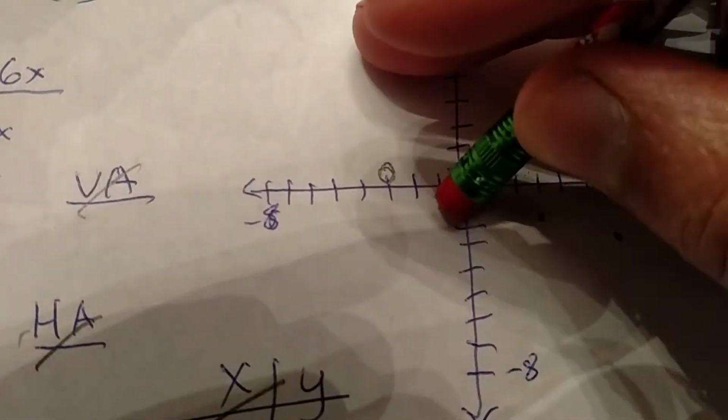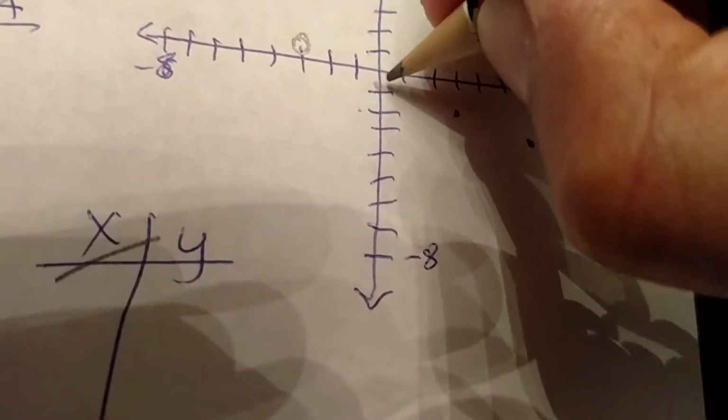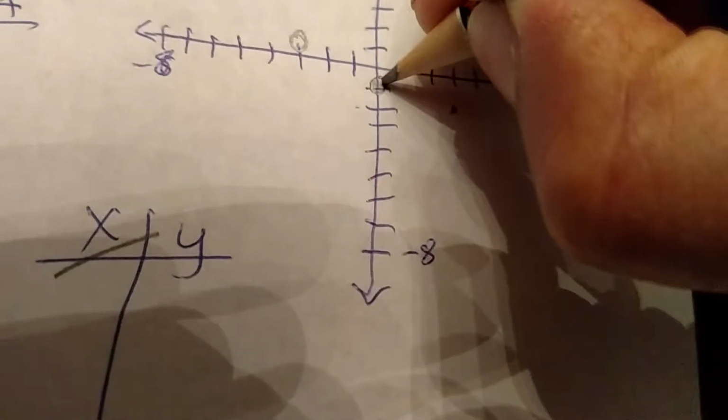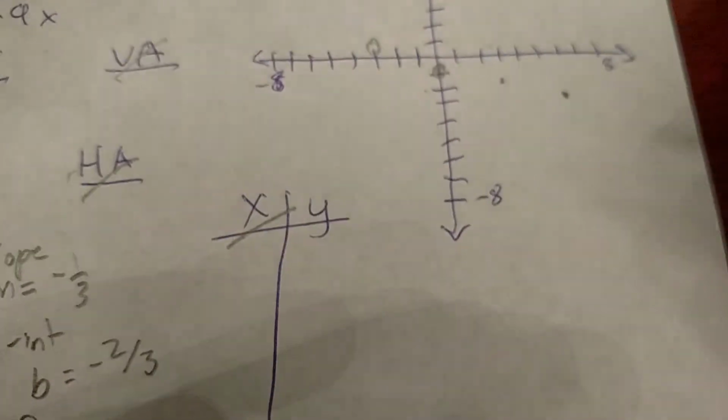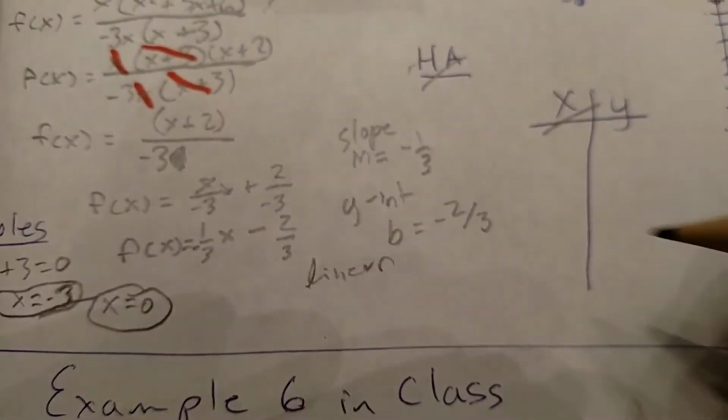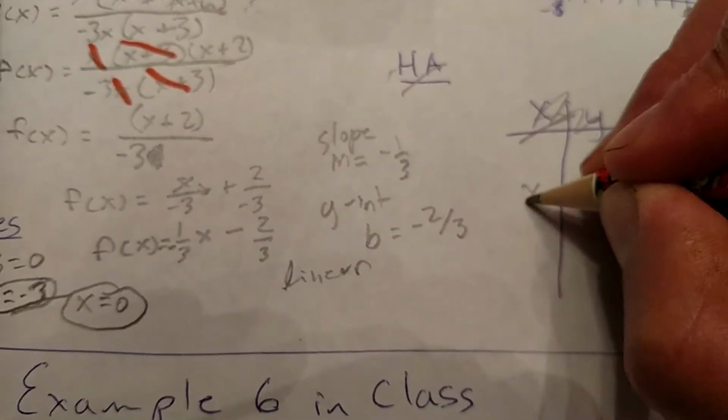And I know there's a hole at 0, so I can go ahead and erase that and put a hole. But just to be safe, I'm going to plug my holes in the table.